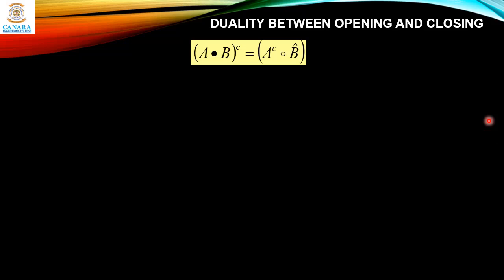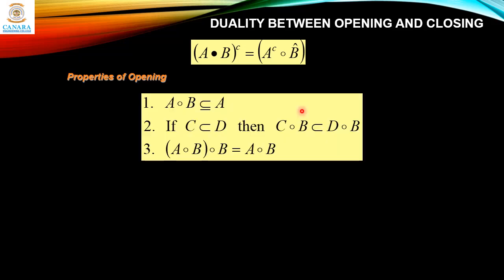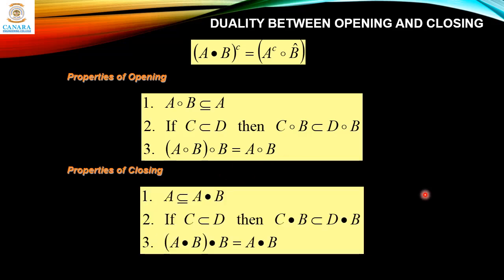Let's see the duality between opening and closing. First one, A closing B whole complement is equal to A complement opening B cap. The properties of opening. A opening B is a subset of A. Second one, if C is a proper subset of D, then C opening B is a proper subset of D opening B. And then third one, A opening B whole opening B is equivalent to A opening B. Then the properties of closing.